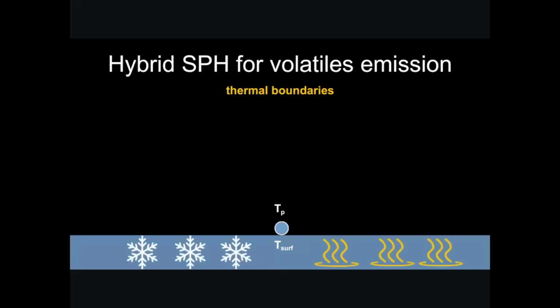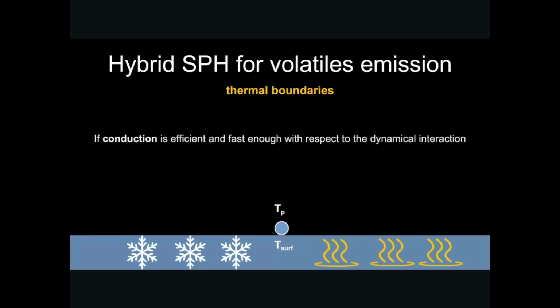So generally, your surface can be colder or hotter than the particle, and you want to consider if your particle is able to deposit as if it was vapor, according to the efficiency of conduction with respect to the dynamical interaction with the surface. So here again, these are microscopic processes that you need to model somehow to understand if a macroscopic volume element is doing something, like depositing on the surface.